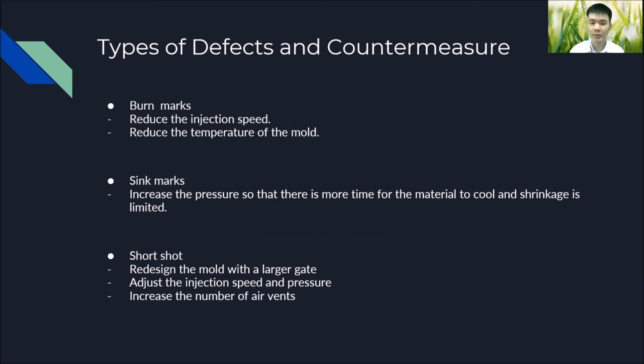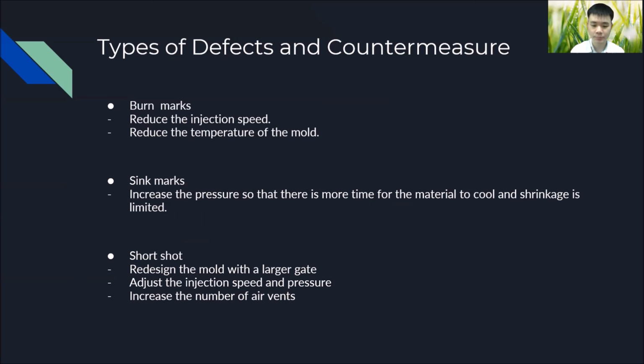Sink marks. Sink marks can be prevented by increasing the pressure so that there is more time for the material to cool and shrinkage is limited. Short shots can be prevented by redesigning the mold with a larger gate so that the resin can flow smoothly and easily.